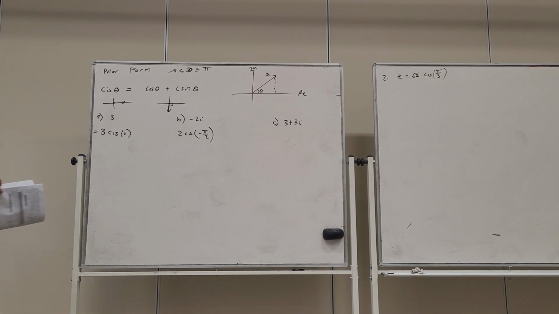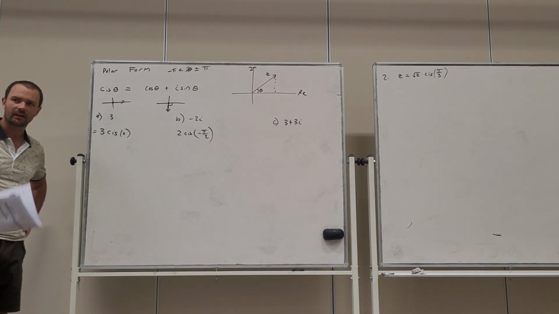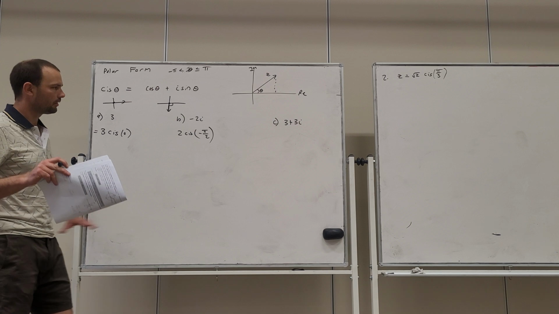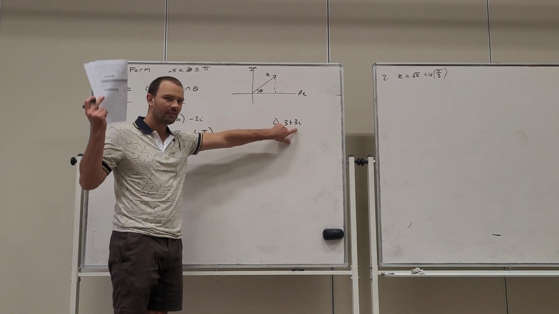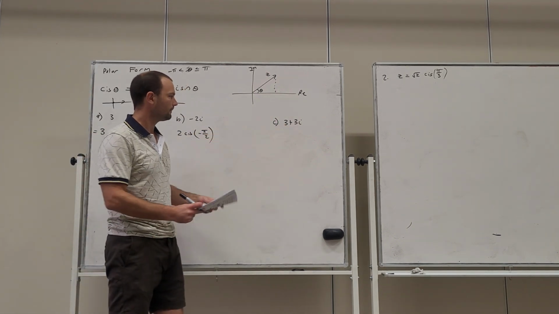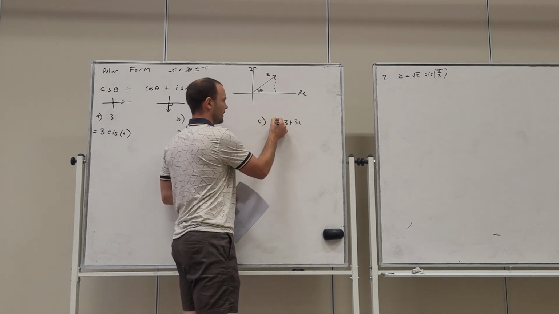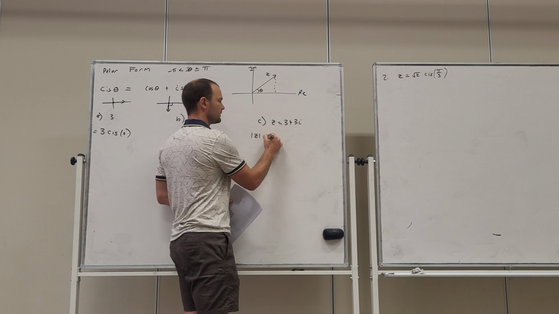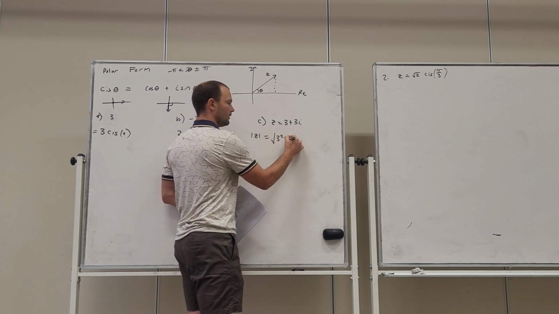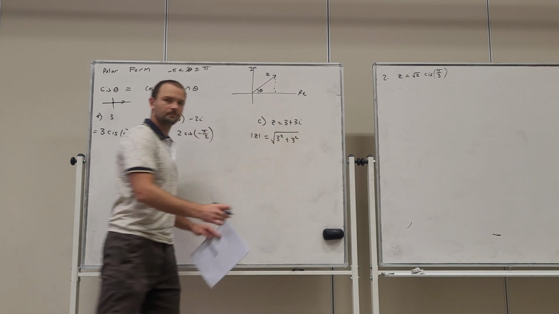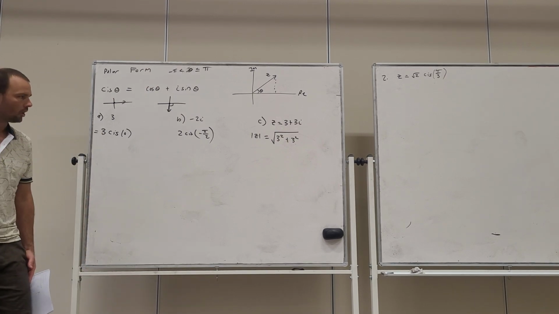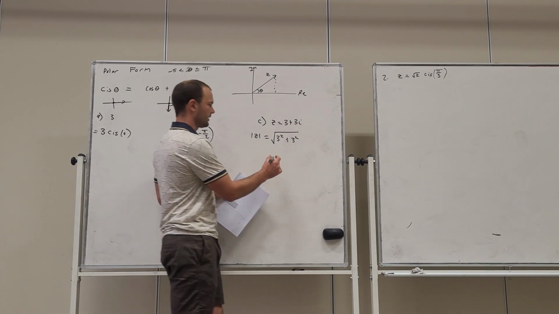We have 3 plus 3i. So here we're going to need to find both the modulus and the argument. If I'm going to find the modulus of that, let's define this as z. Then the modulus of z is going to be the square root of 3 squared plus 3 squared, the square of the real component plus the square of the imaginary component.